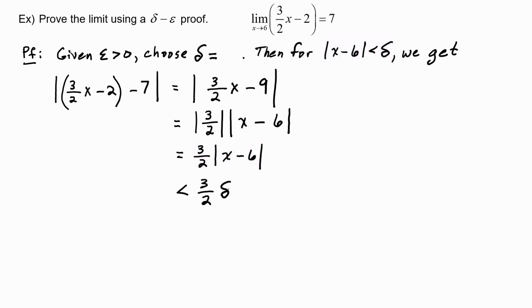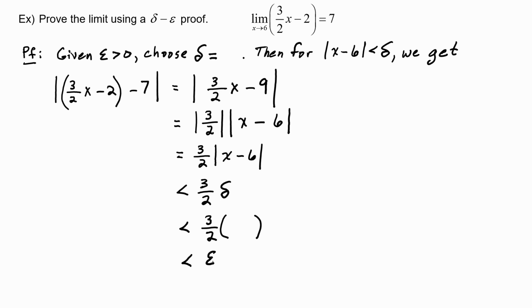Now we know that we're going to have to choose a delta, so let's write less than 3 over 2 and then make a blank set of parentheses where we will figure out what delta is going to be so that this will end up being less than epsilon.